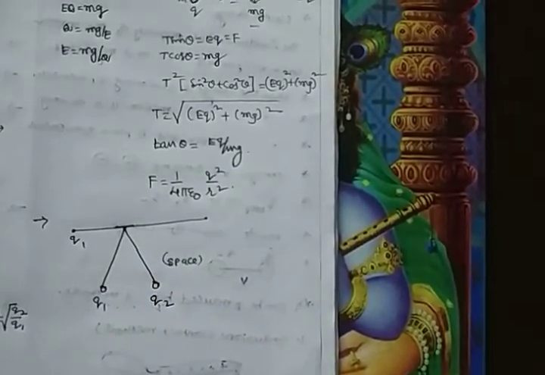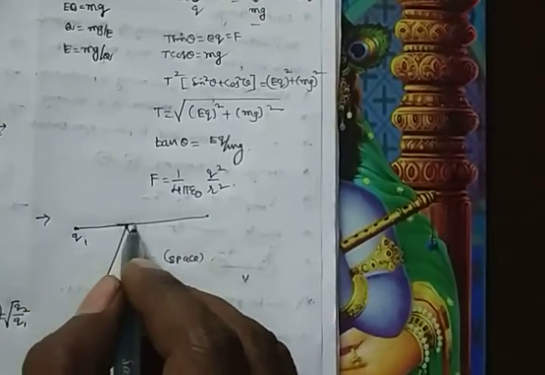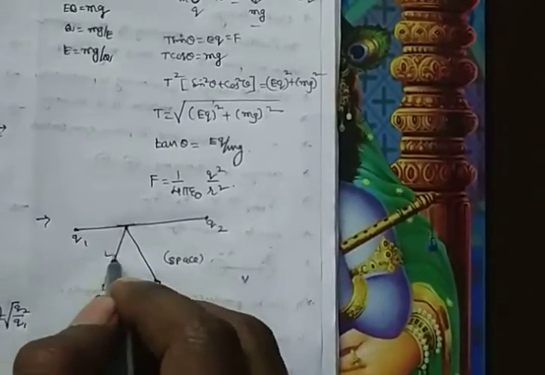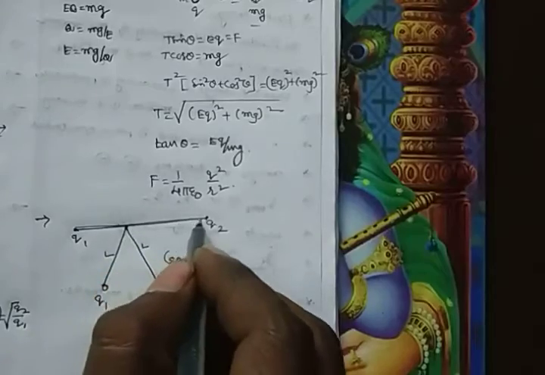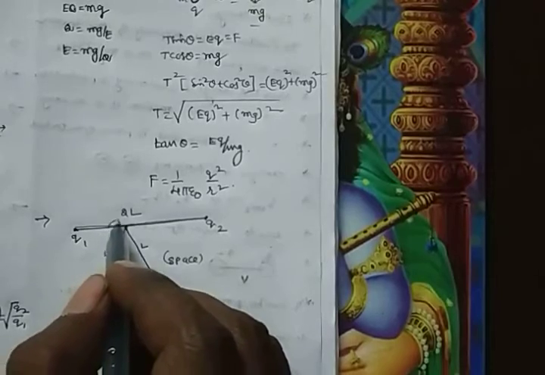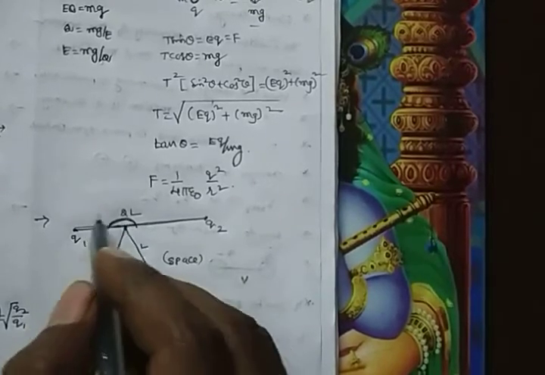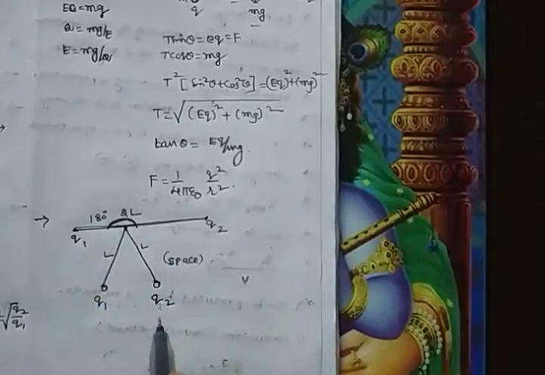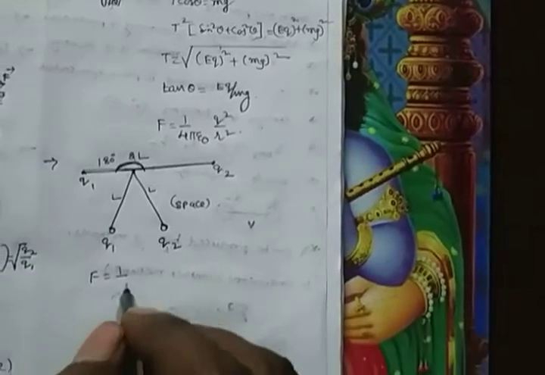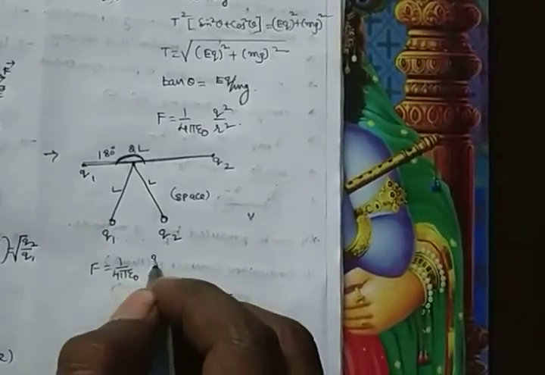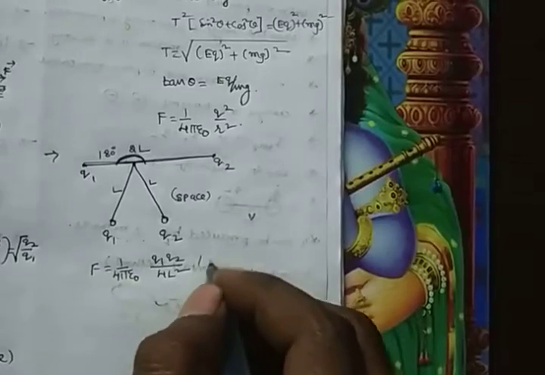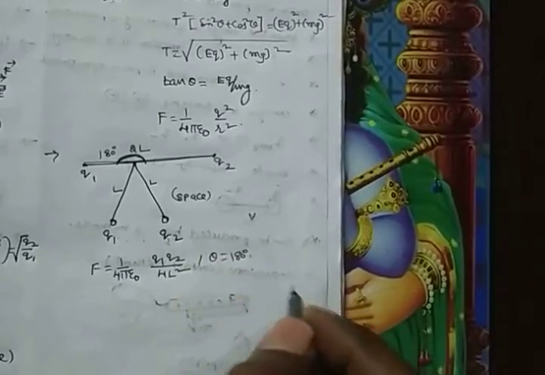Then what happens? If each length is L, then the total length becomes 2L, and the angle between these two charges is a straight line, so it is 180 degrees. Now the force between the two charges is 1 by 4 pi epsilon naught q1 q2 by 4L square, and theta is equal to 180 degrees.